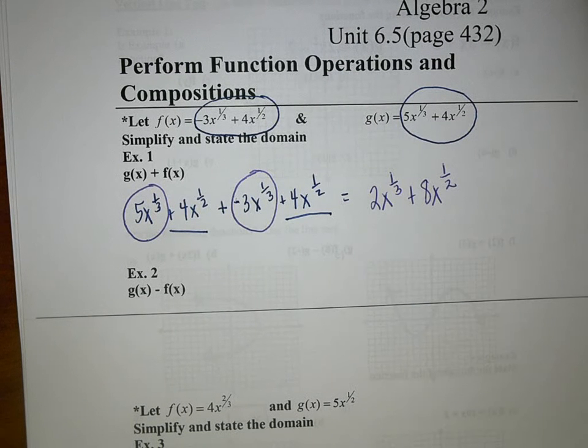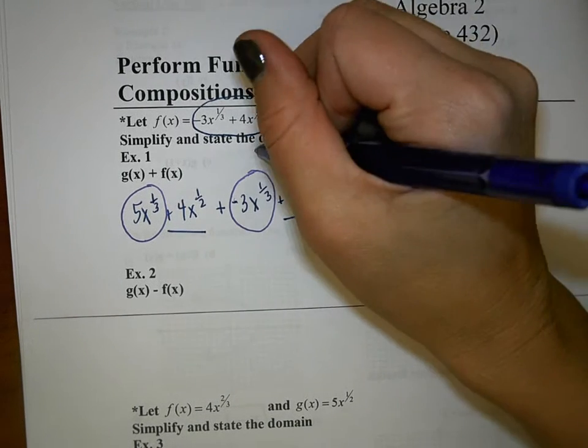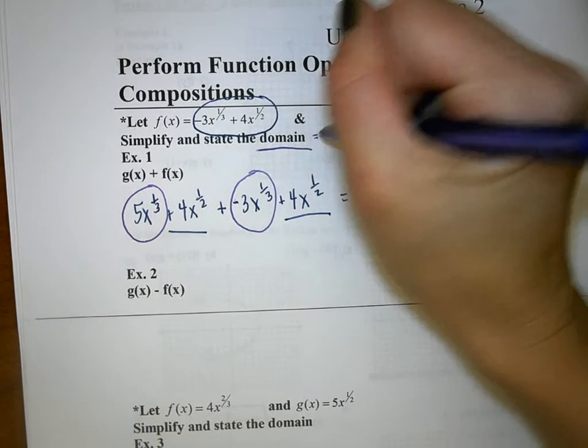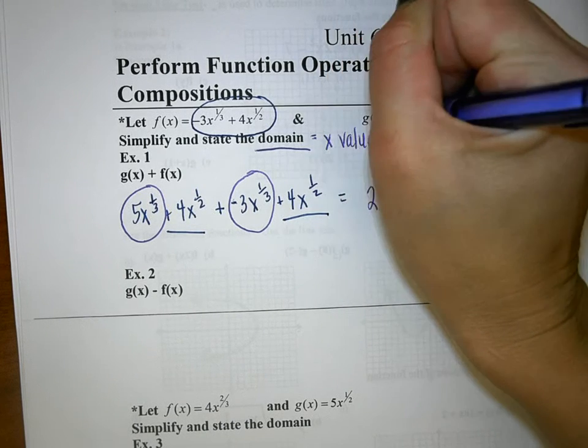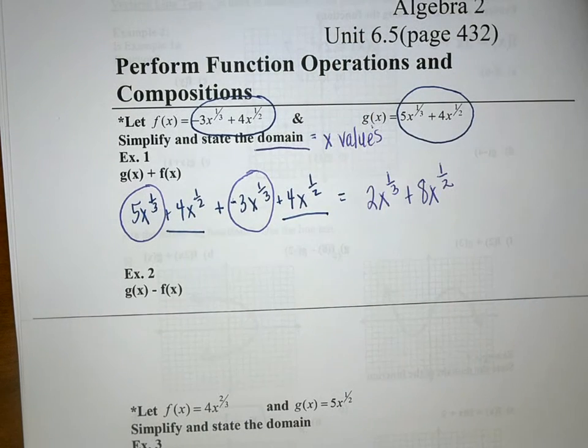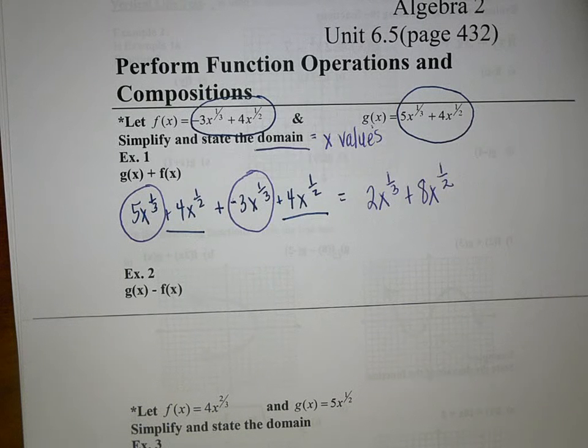So we've simplified it, and then they also want us to state the domain. Remember that domain is your x values. So we have to think about what is going to make the x values real numbers, meaning that they cannot be imaginary numbers.